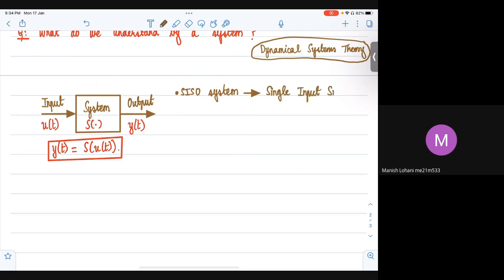I gave you a very simple set of examples where it appeared there was only one input, but in real life we may have more than one input. Even in the case of acceleration response, I may be giving the throttle and also a gear input, so there may be two inputs which the driver controls.